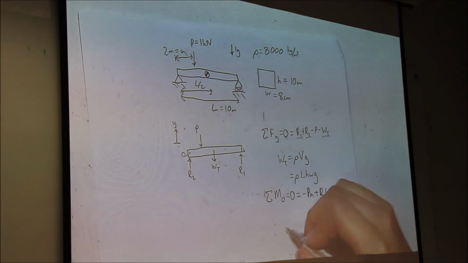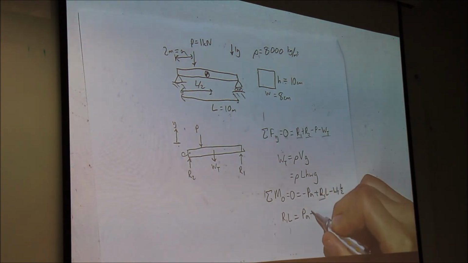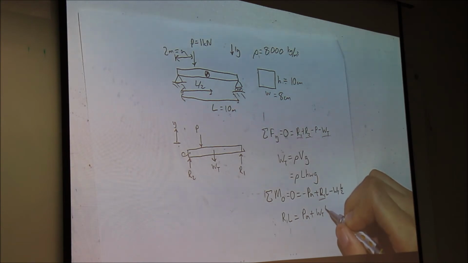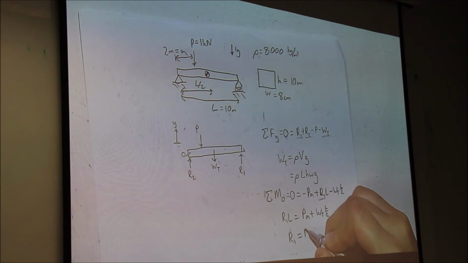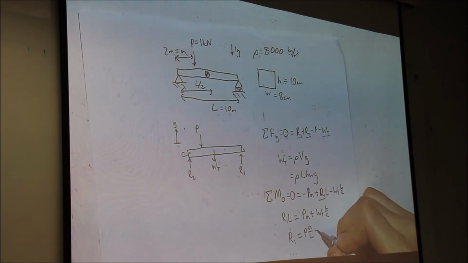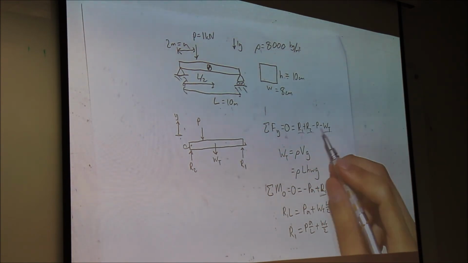So let's move everything to the other side. R1L is equal to PA plus weight total L over 2. Divide both sides by L. So R1 is equal to PA over L plus weight total over 2. Okay? We plug this back into the force equation.